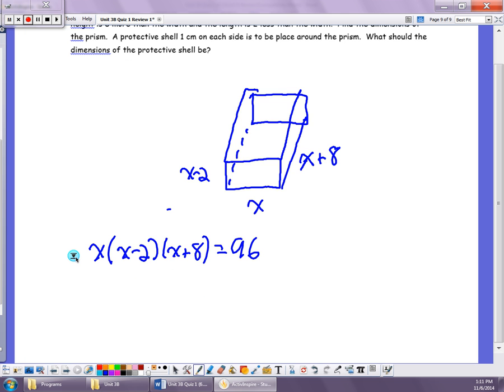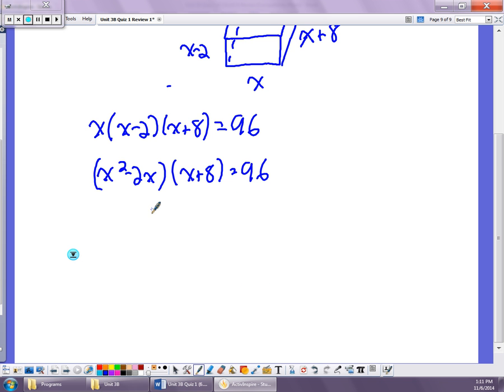And then I just go through, distribute, so I get x squared minus 2x times x plus 8 equals 96. X to the third plus 8x squared minus 2x squared is plus 6x squared minus 16x, and then I'm going to go ahead and subtract 96 while I'm at it.